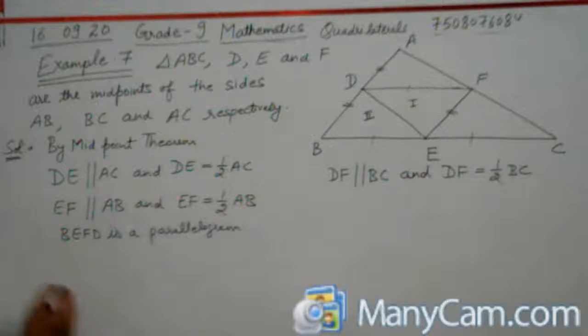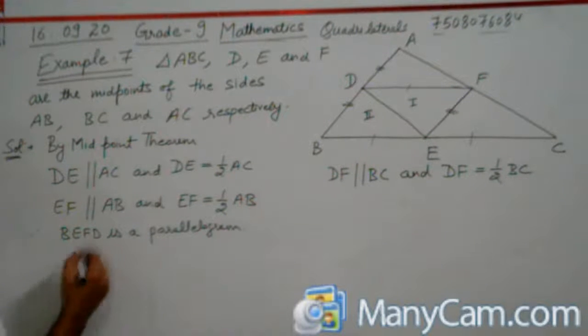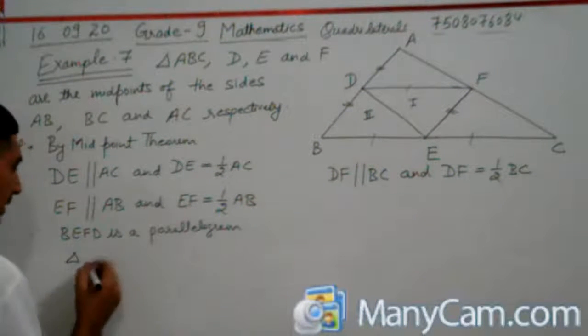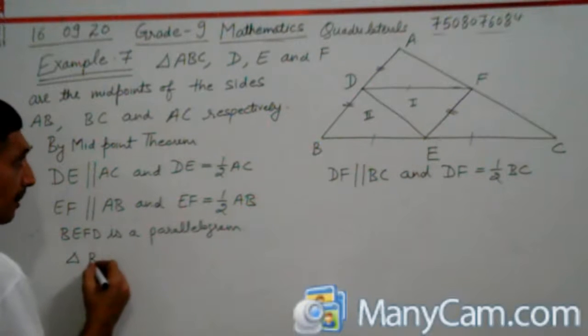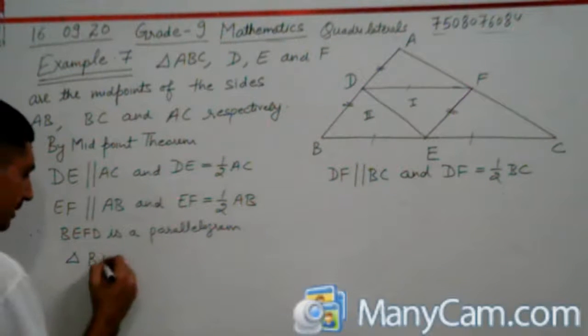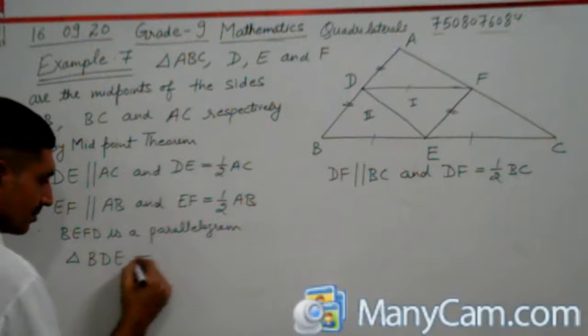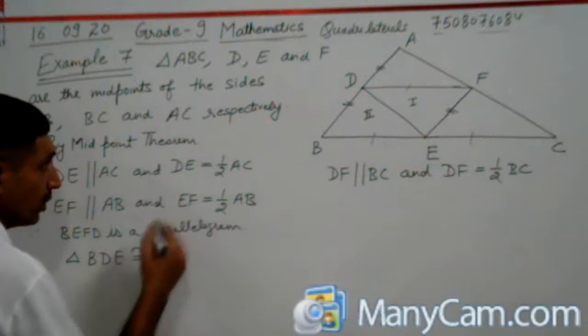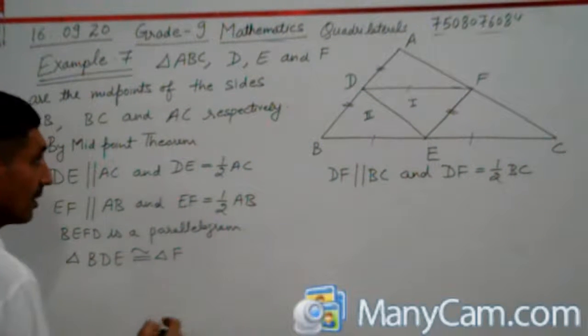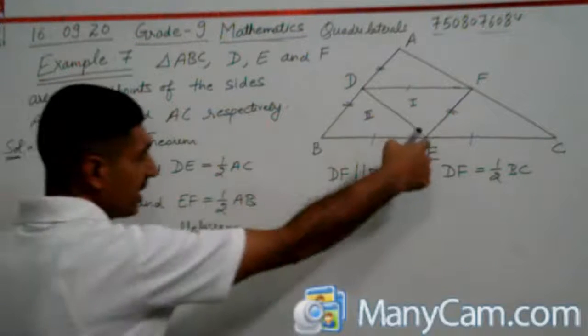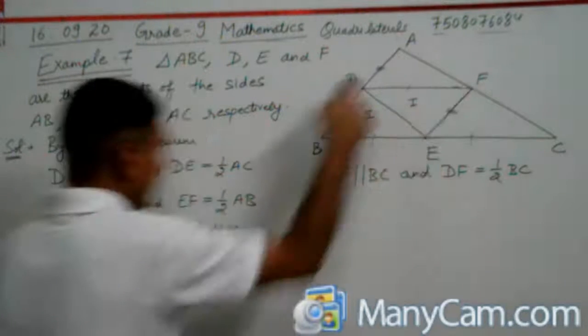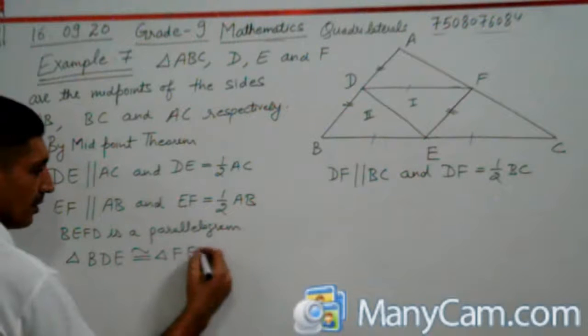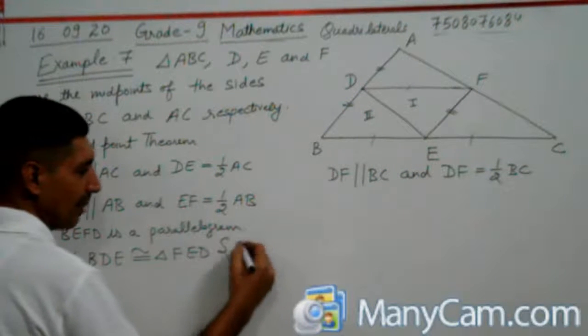Triangle naming is very important now. If you are writing BDE, it is congruent to FED, because of the diagonal of a parallelogram.